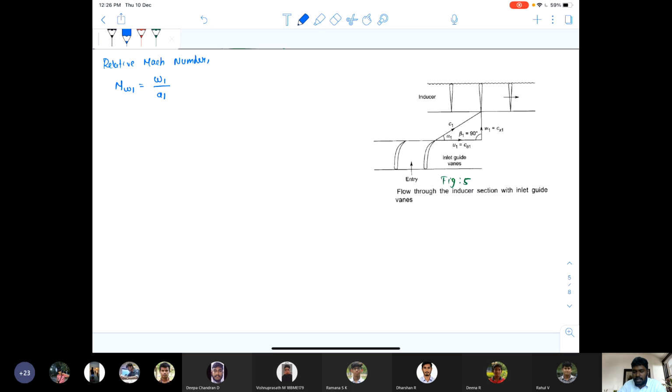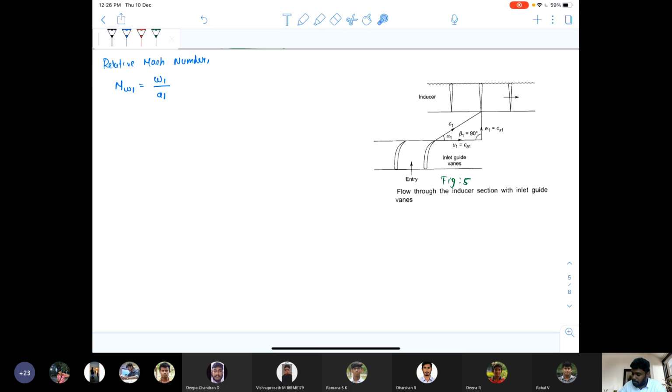While explaining the dimensionless numbers in the first unit, I have already said Mach number is equal to velocity of the fluid divided by velocity of sound. Here you have considered it as a relative velocity, therefore we are considering it as MW1, which is equal to W1 divided by A1.